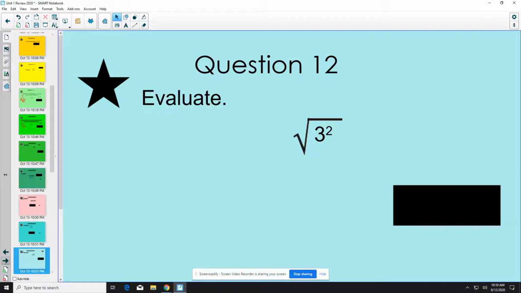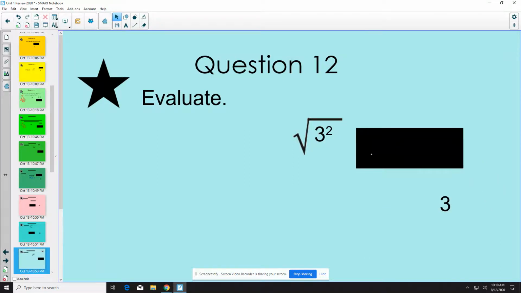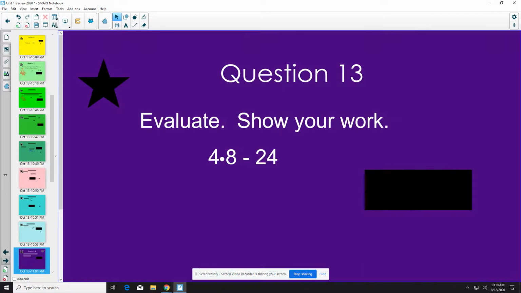Okay, number 12, put your answer to the square root of 3 to the second. When you square a number and then take the square root, you get the same number back, so my answer would be 3.